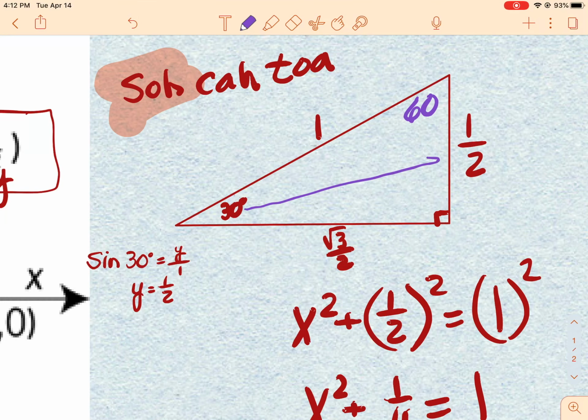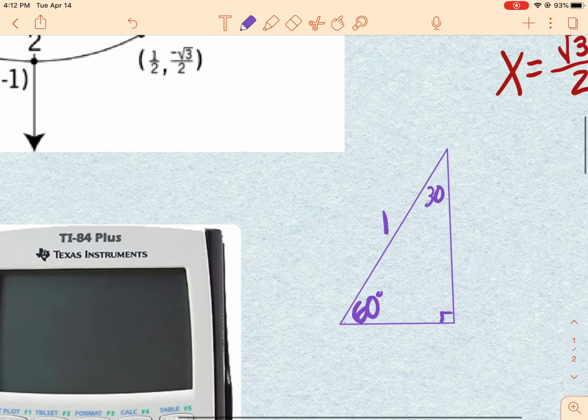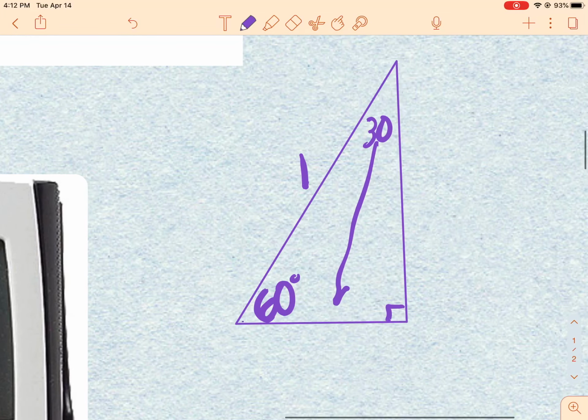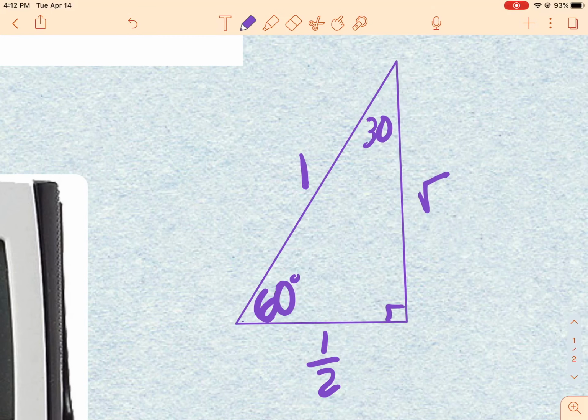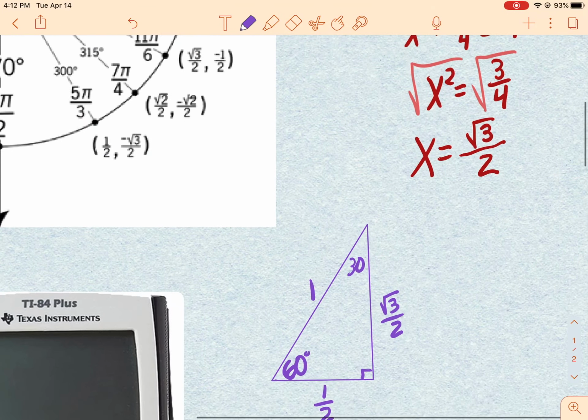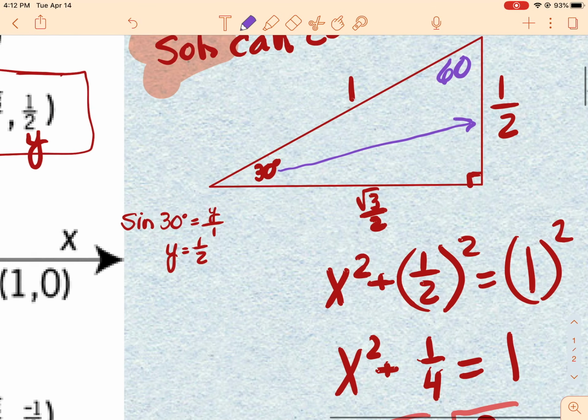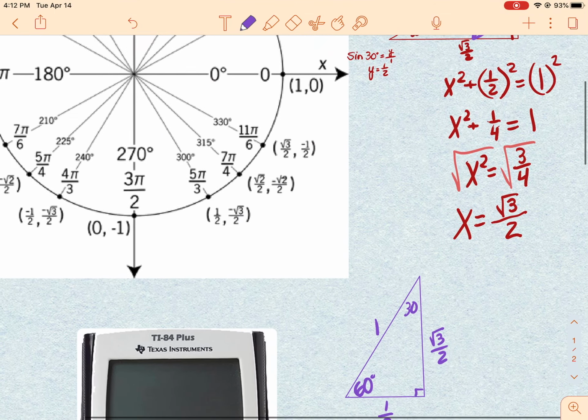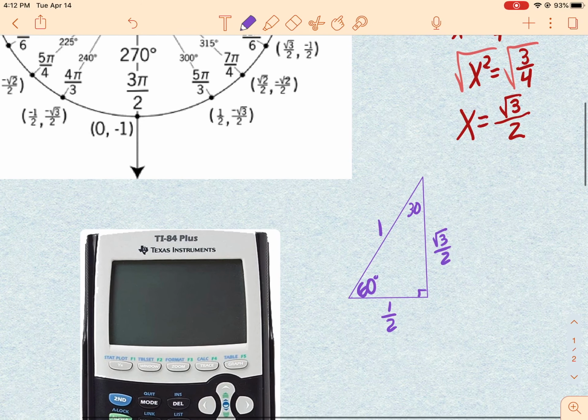So if we look, across from 30 degrees was the 1/2. That means over here, across from 30 degrees is your 1/2. Across from 60 is the square root of 3 over 2, because up here, the one that we figured out opposite of 60 was the square root of 3 over 2.